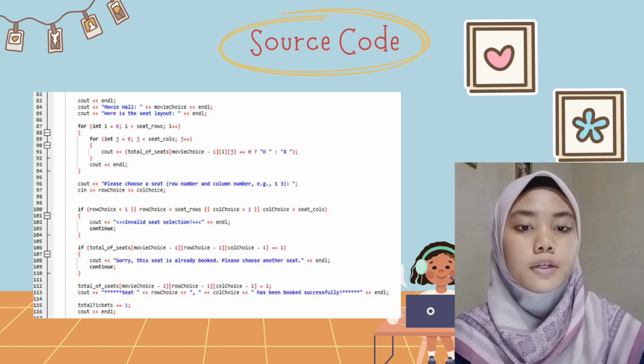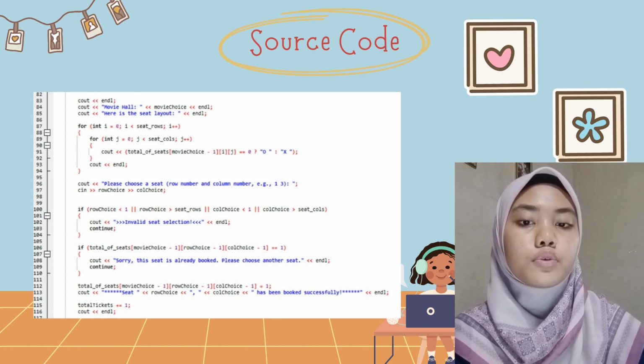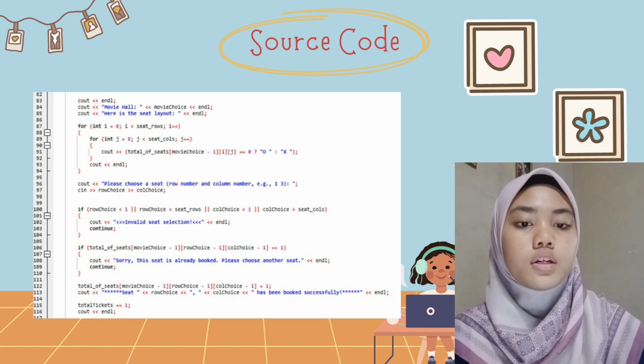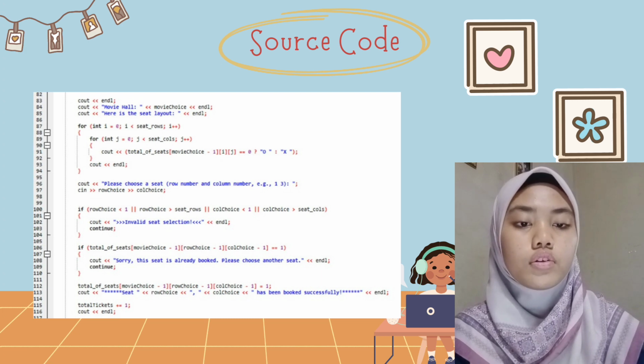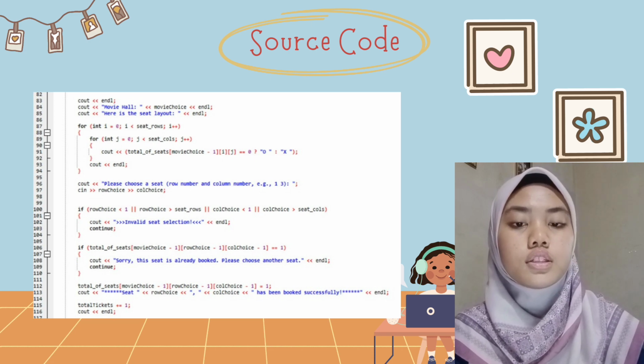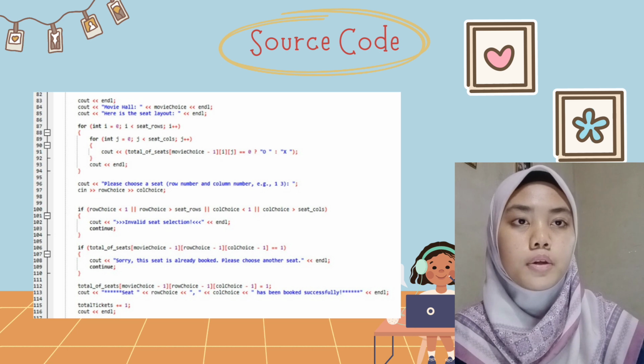The source code segment is responsible for handling the seat selection and booking process within this program. It starts by displaying the movie hall number and the seat layout, represented by O for available seats and X for booked seats. The user is prompted to choose a seat by providing row and column numbers.